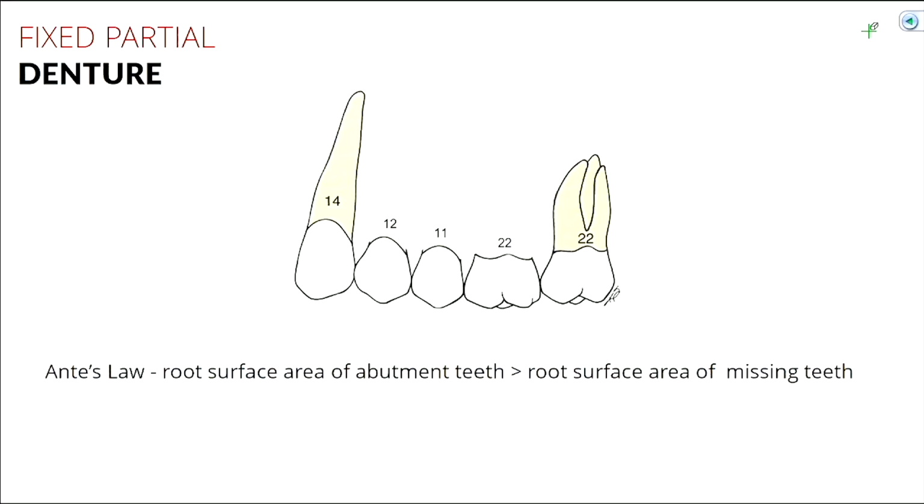Do that math, right? Yeah. All right. So which number is larger? The surface area of the pontic teeth, right? So this would be in violation of Ante's law. So that's sort of how that works. And the thought was the surface area of the abutment teeth should be greater than the teeth that you're replacing. Okay.